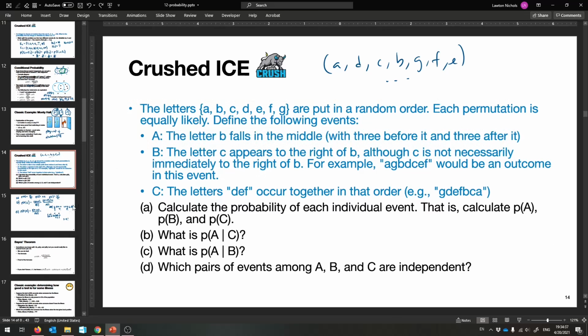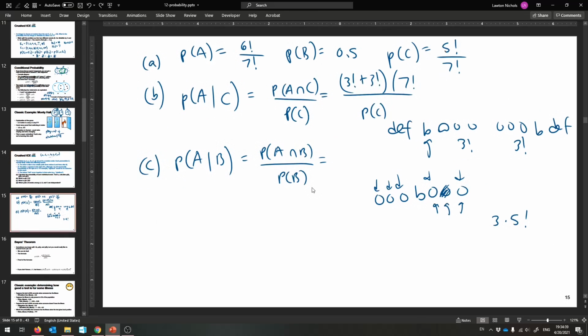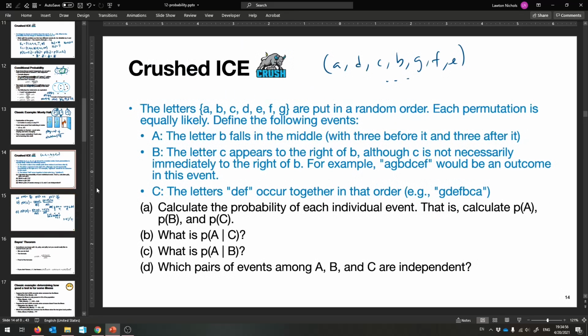And the probability of this is just all that over 7 factorial again. That's the idea. 3 times 5 factorial over 7 factorial, all over the P of B, which we've found previously. So that's our probabilities, and now let's figure out which of these are independent.